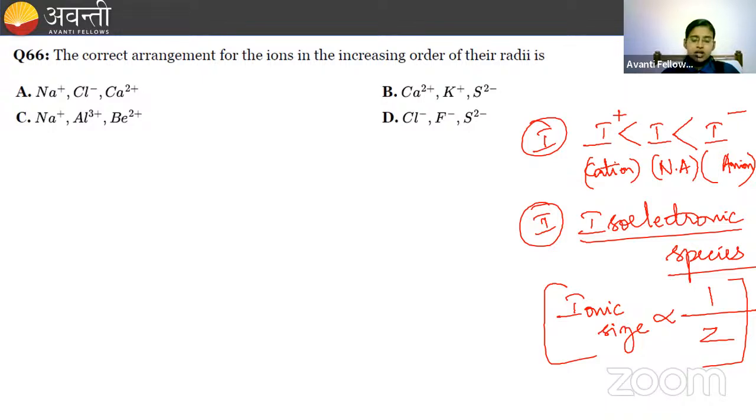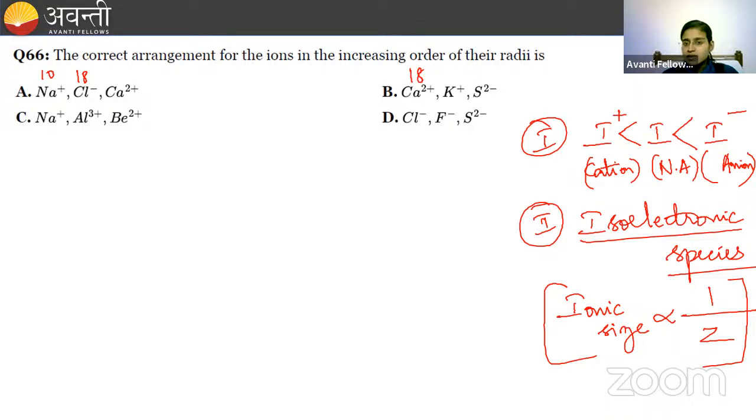If I go for option A, I have sodium. Sodium means 11 electrons; 11 minus 1 means it is 10. And chlorine has 17 electrons; 17 plus 1 is 18. So option A is not an isoelectronic set. If I come to option B, calcium 2 plus: the atomic number of calcium is 20 and if it loses 2 electrons, it becomes 18.